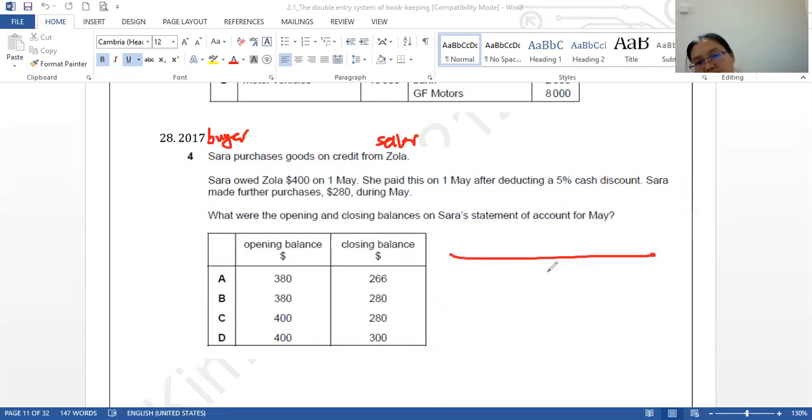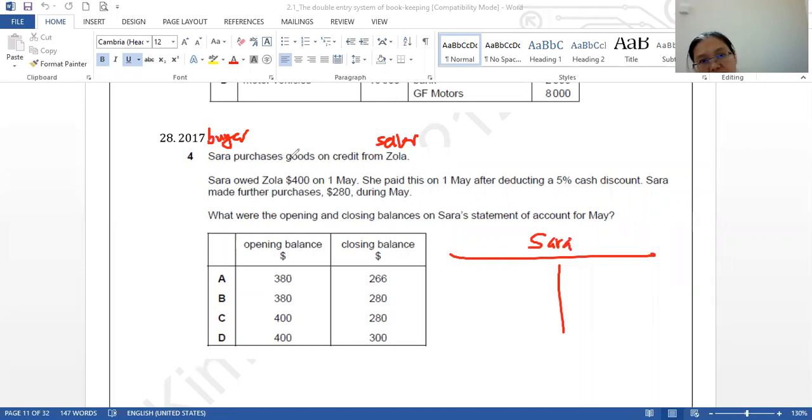Whose account is it? Sarah's statement of account, let's put this one as Zola. The seller will send the statement of account, so this one should be Sarah.